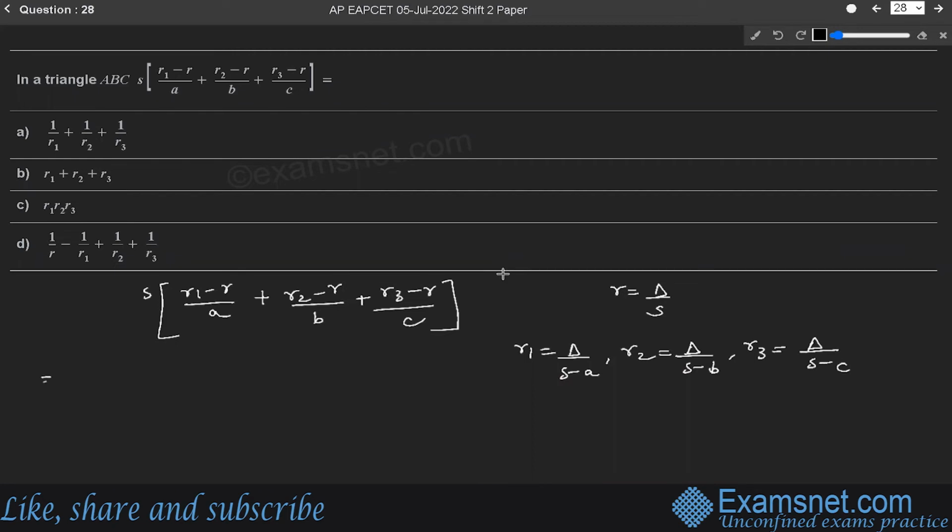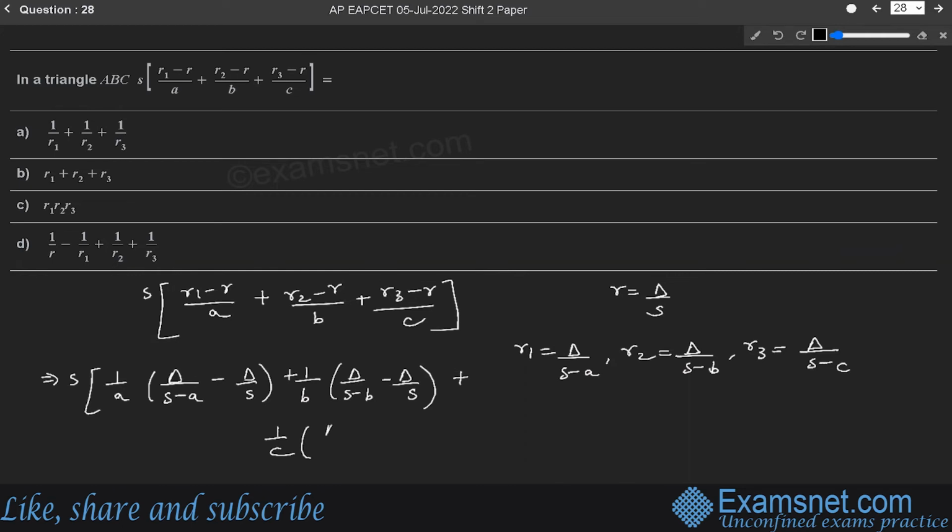On substituting this value, it becomes s into 1 by a into (delta upon s minus a minus delta upon s) plus 1 by b into (delta upon s minus b minus delta upon s) plus 1 by c into (delta upon s minus c minus delta upon s).